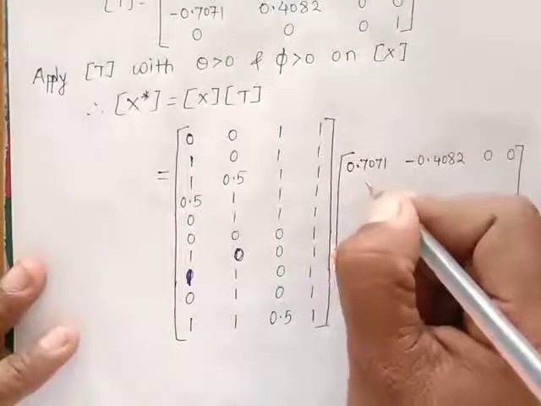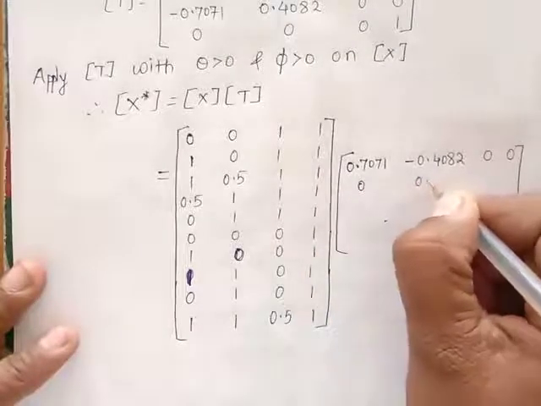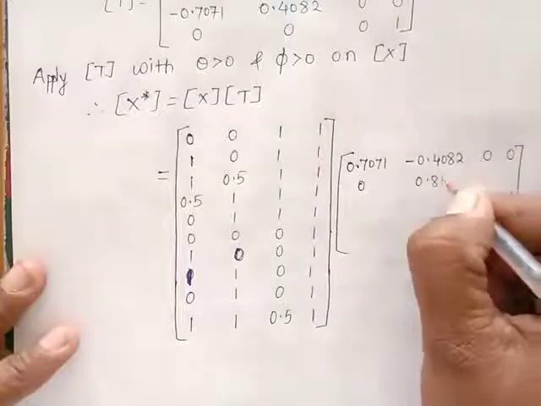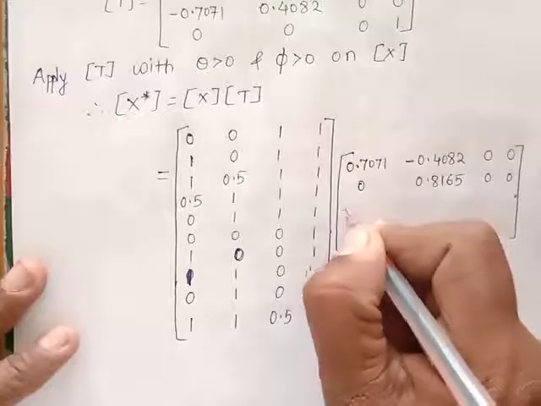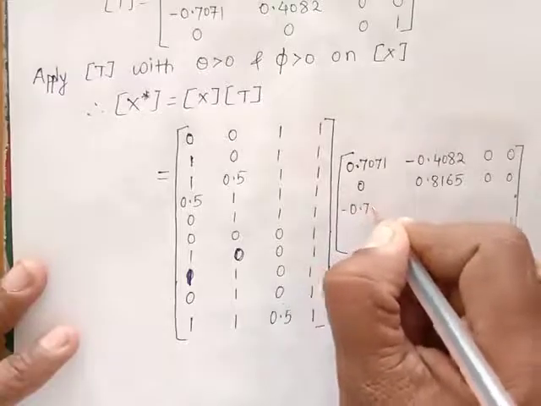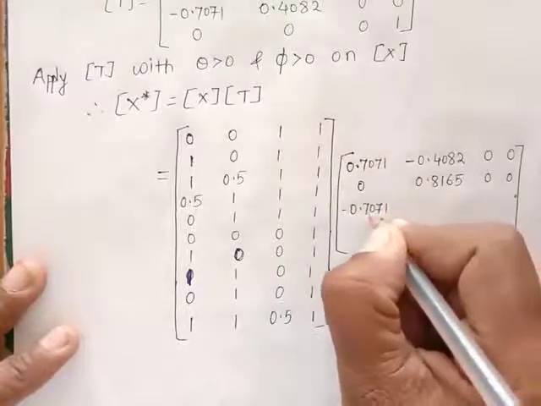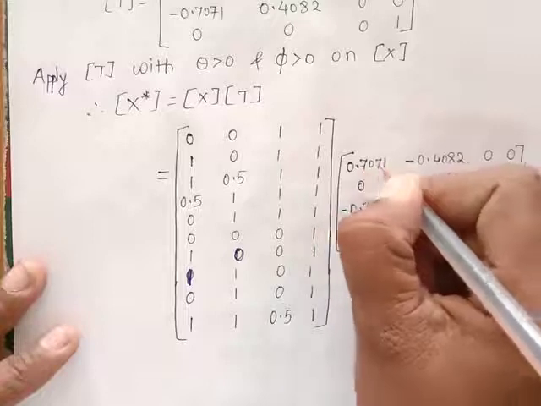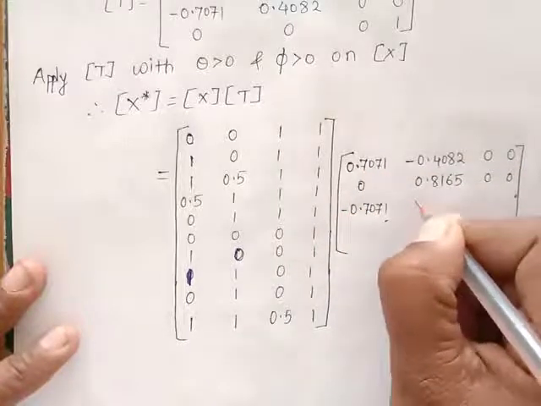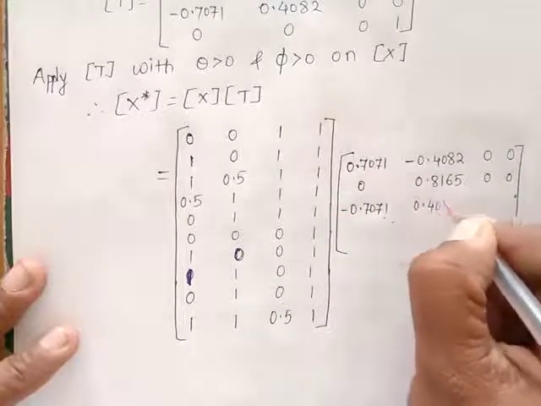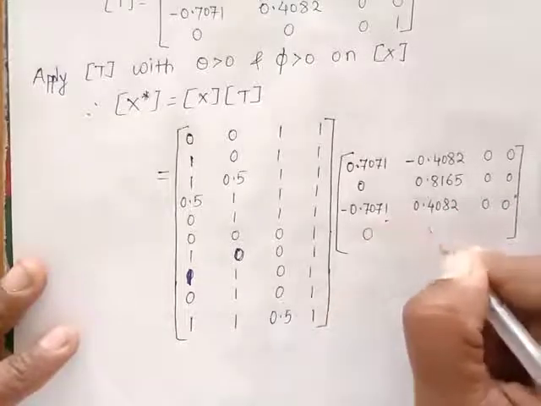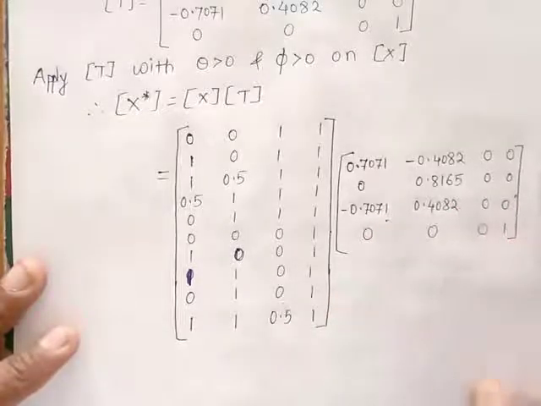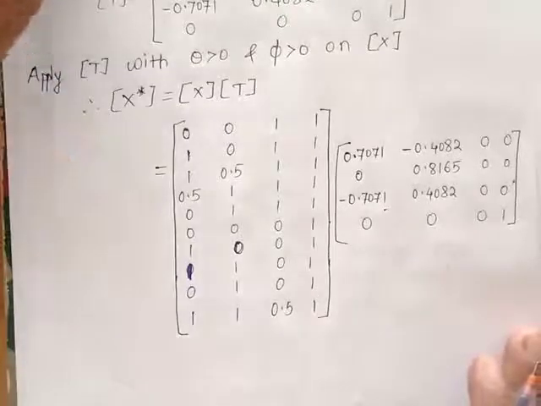Here it is 0, 0.8165, 0, 0; minus 0.7071, 0.4082, 0, 0; 0, 0, 0, 1. Okay. Now let's take this product. This product gives us the answer.